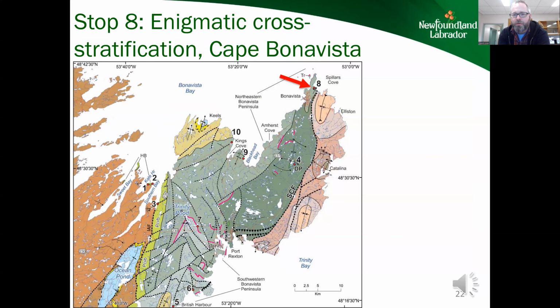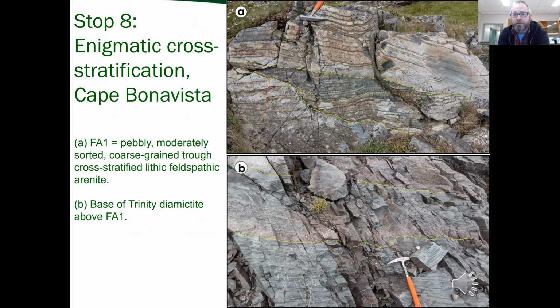Moving now up to the northern Bonavista Peninsula near Cape Bonavista, looking at some other potential glacial features. Here we see mostly coarse-grained arkosic sandstone with some pebbles and pebble conglomerates as well. A lot of features here are suggestive of what we see on a modern outwash plain, the jökulhlaups in Iceland, for example. The laminae themselves are very sharp and varvy, suggesting seasonal sedimentation cycles.